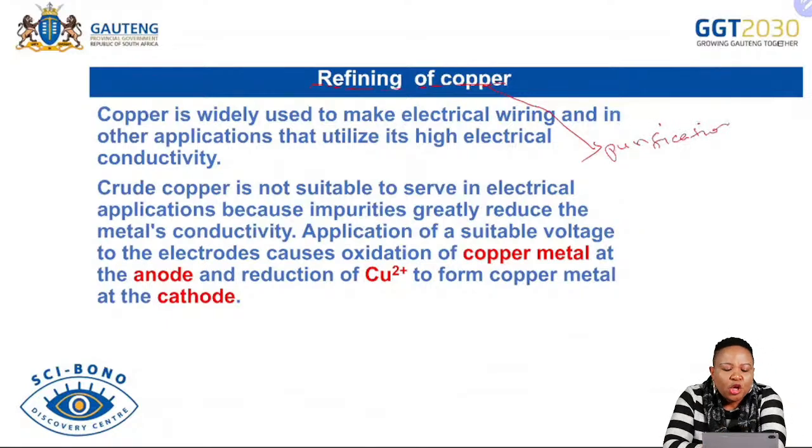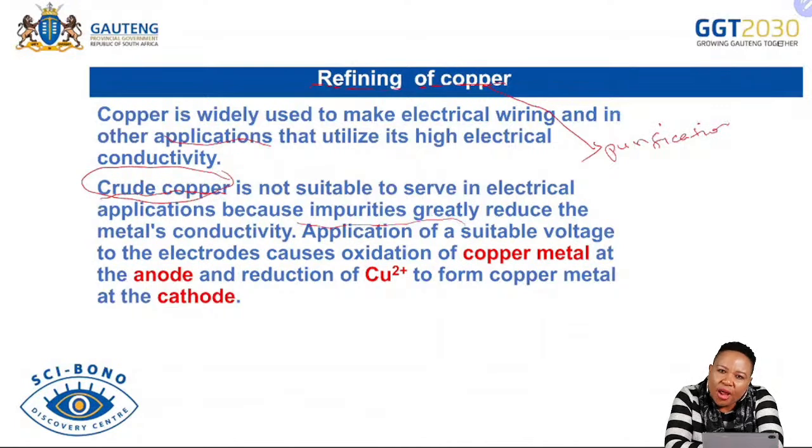of copper. Copper is widely used to make electrical wiring, and it is also used in applications of high electrical conductivity. We know that we use copper wires to conduct electricity. The copper that we mine, our crude copper, is not suitable for electrical conductivity because there are impurities that reduce the metal's conductivity.